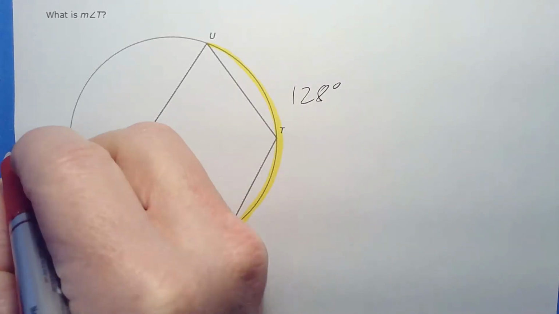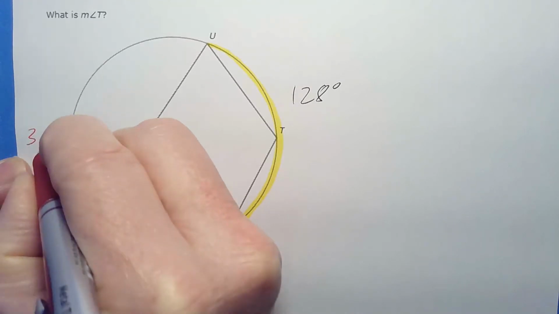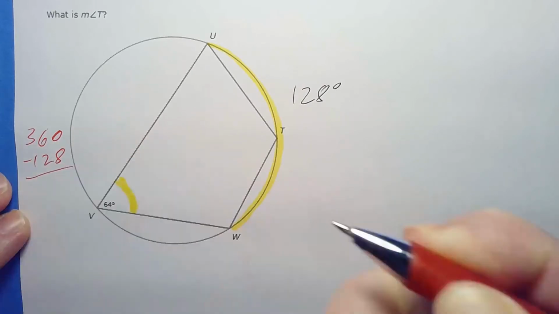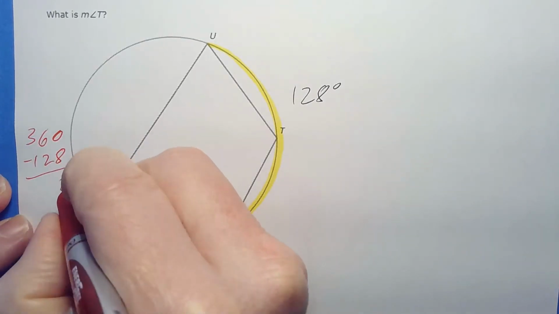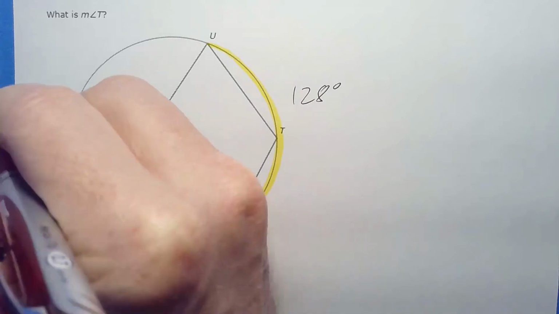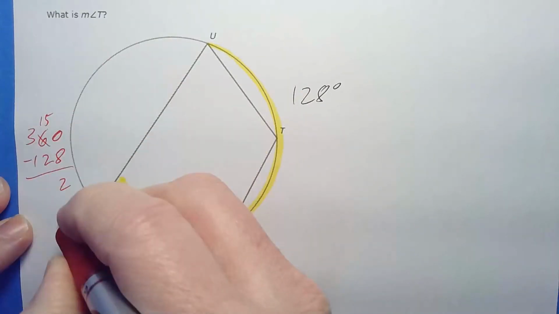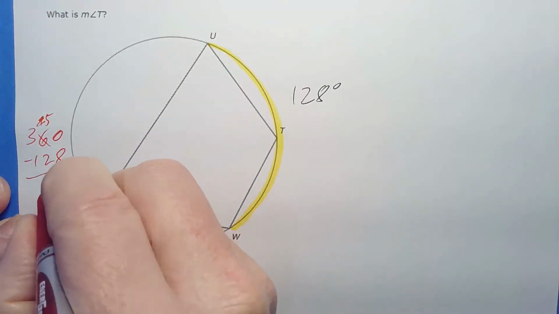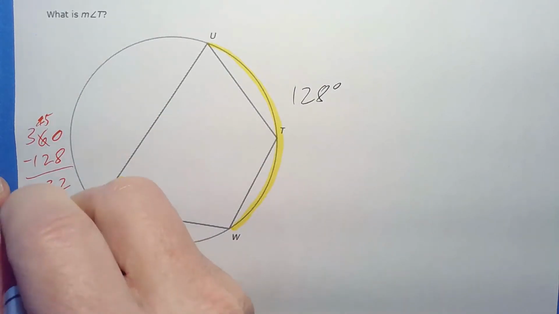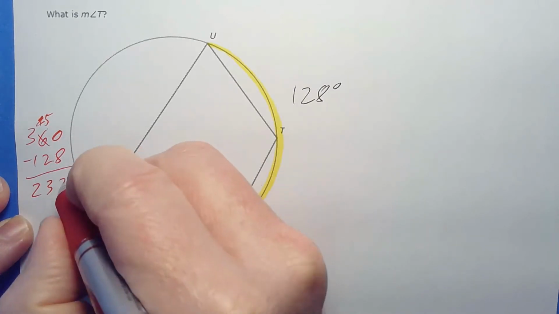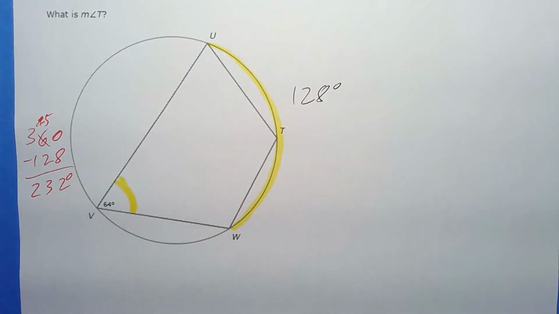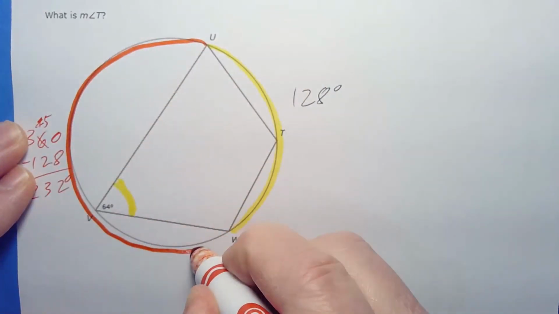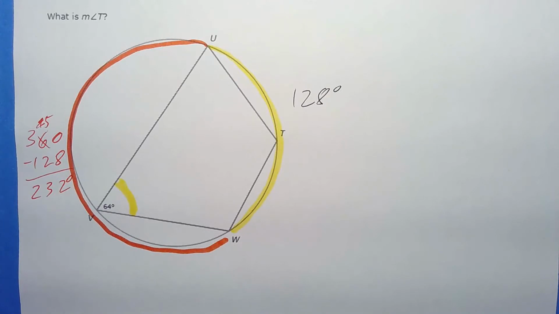So 360 degrees minus 128 would be 232 degrees. So 232 degrees from here all the way around to there, okay? All right, so that's 232.